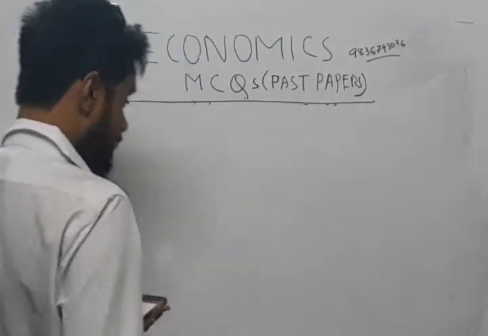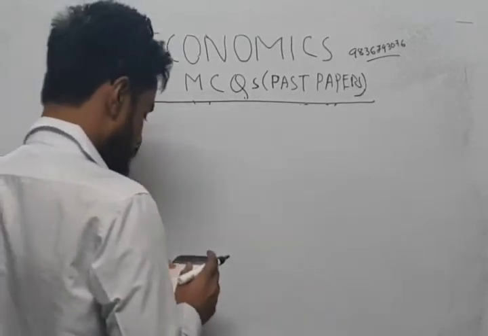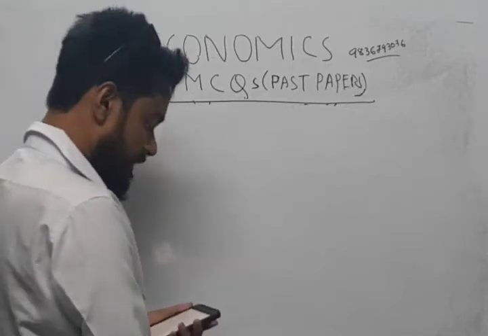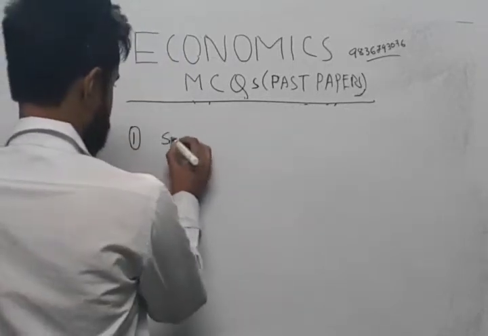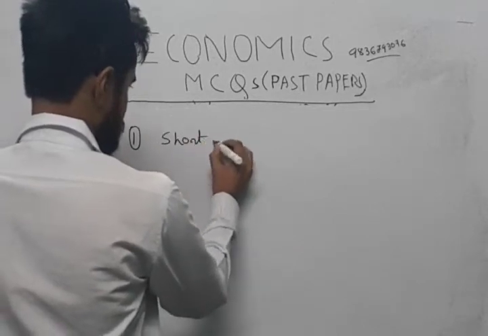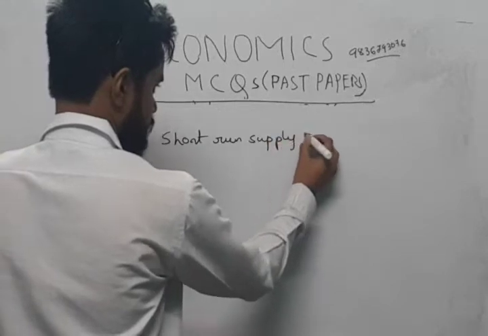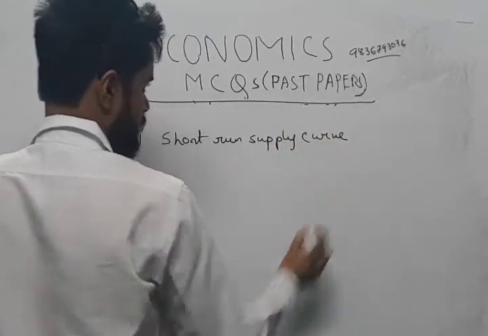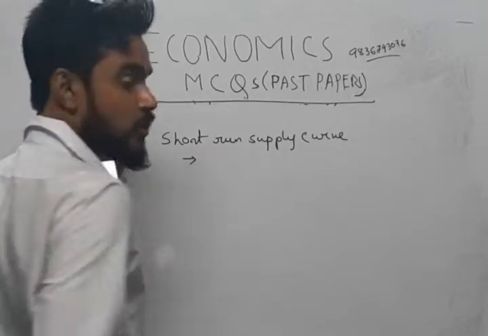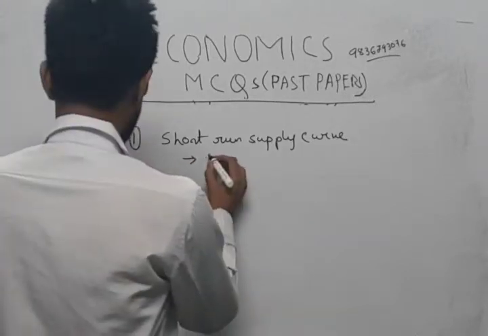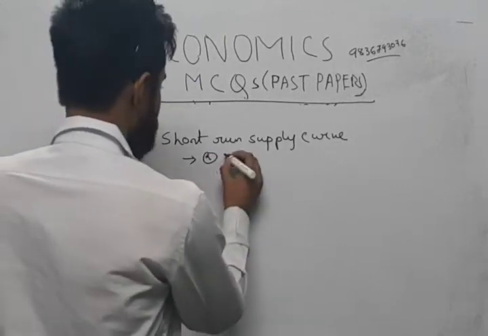So this is the first question that we are solving now. It is given the short-run supply curve of a competitive firm is given by four options are given, where option A is given by the marginal cost curve of the firm.